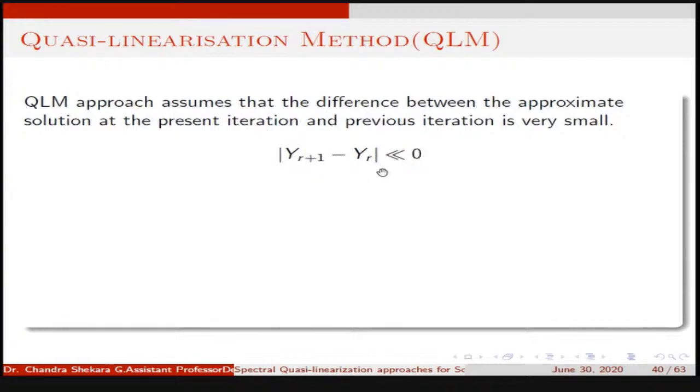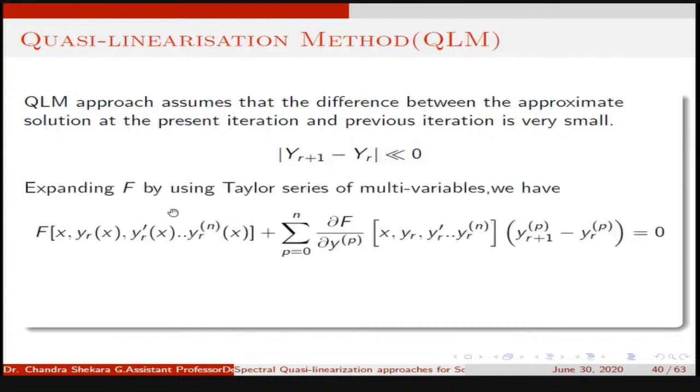If this difference is very small, then the nonlinear operators we can expand as a Taylor series in multivariables about this point Y r. So wherever you have a nonlinear term, that nonlinear term can be decomposed into the values at the previous iteration and the values at the present iteration. So we use the Taylor series expansion in multivariables to expand that nonlinear operator about the assumed solution at the present iteration, Y r.